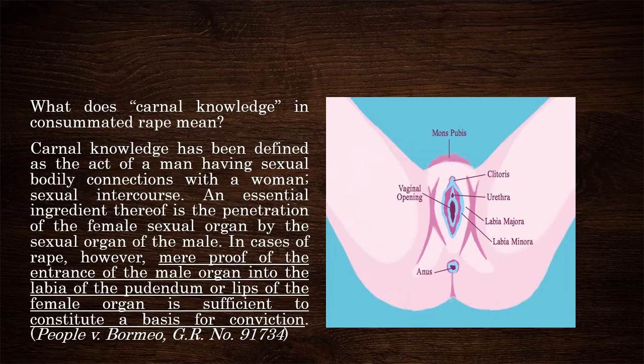Penetration of the vagina by the penis of the man. Now, in cases of rape, however, mere proof of the entrance of the penis into the labia of the pudendum or lips of the vagina is sufficient to constitute a basis for conviction, as ruled in the case of People versus Bormeo.